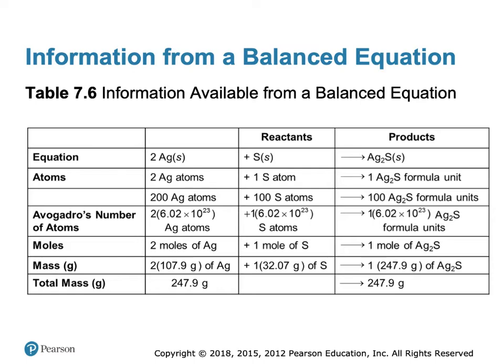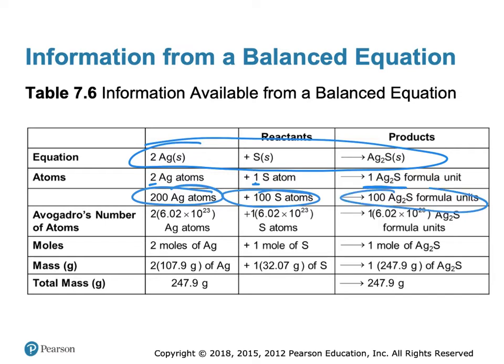We have our equation up top where you have silver reacting with sulfur to form silver sulfide. What the coefficients say is that there are 2 silver atoms reacting with 1 sulfur atom to give you this new molecule, silver sulfide. If you were to multiply the whole chemical equation by 100, it could be 200 silver atoms plus 100 sulfur atoms, giving us 100 silver sulfides.